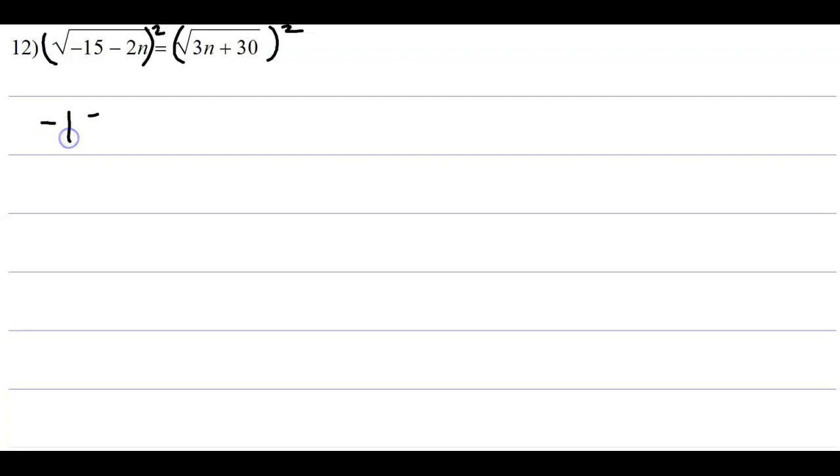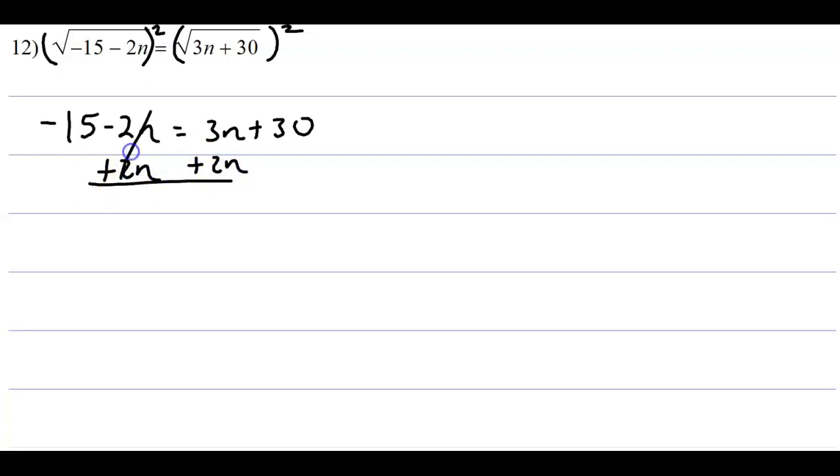And that's going to give me negative 15 minus 2n is equal to 3n plus 30. And then from there you have a linear equation, which we talked about earlier this week, how to solve those. You move the smaller variable to the other side. And then you just solve your two-step equation.